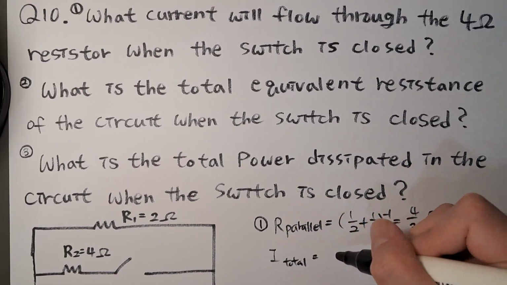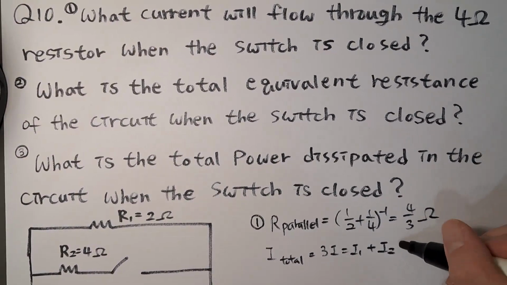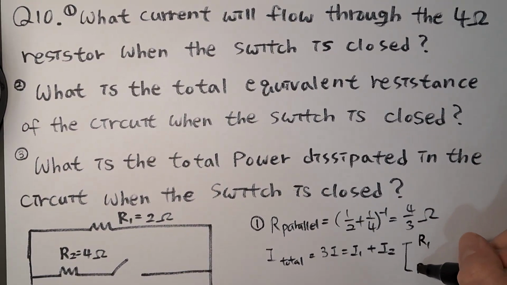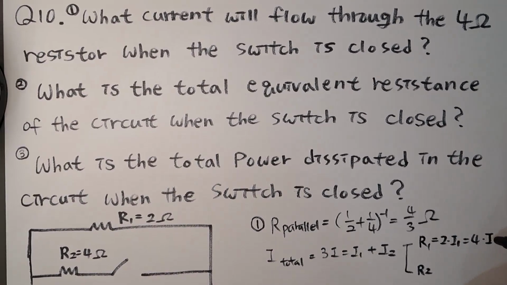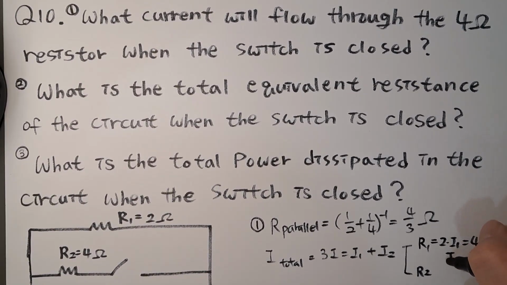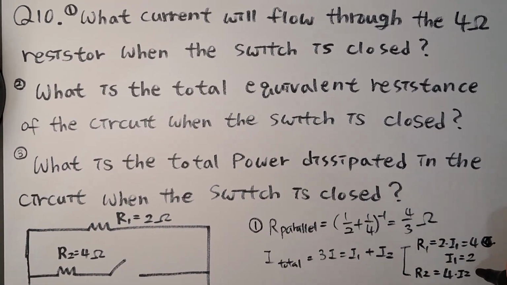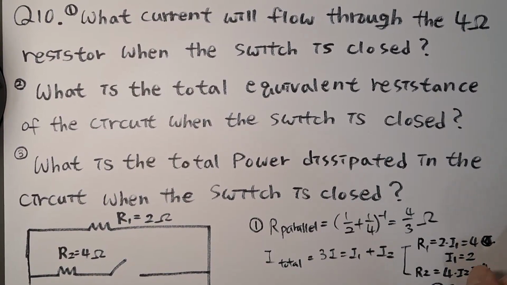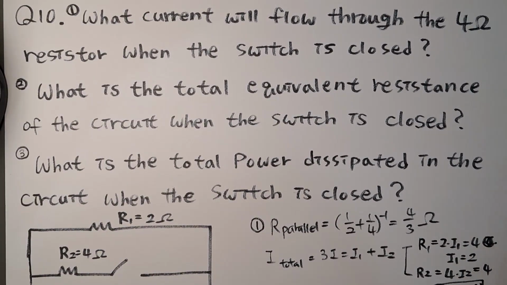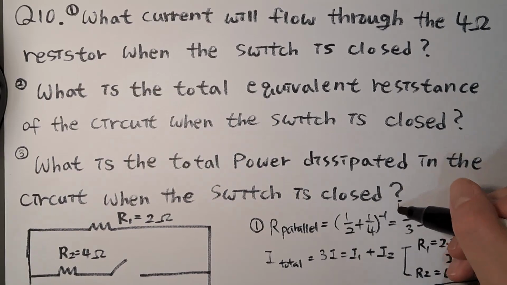And the total current is going to be this. So the I2 is going to be 1 ampere, and the resistance is going to be 4 over 3 ohm.